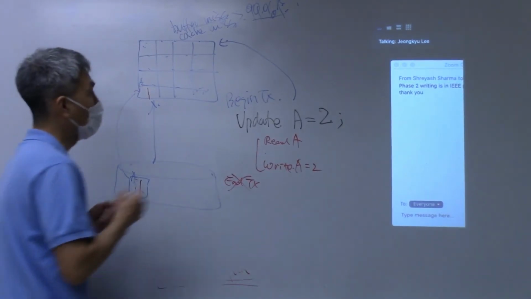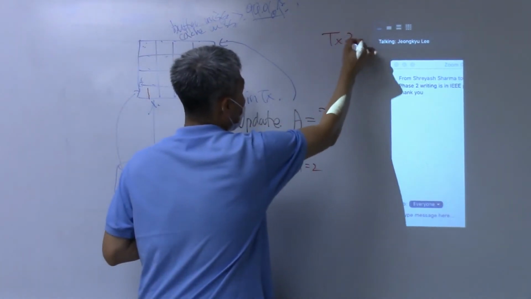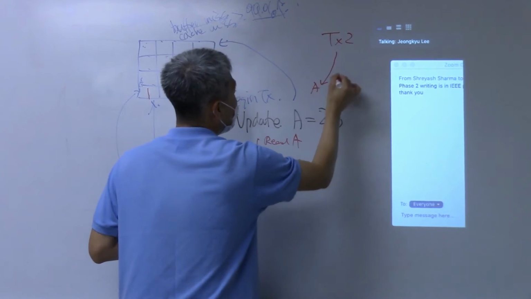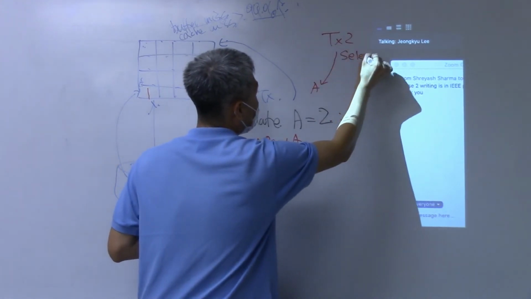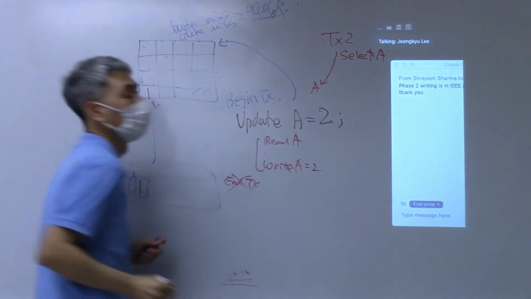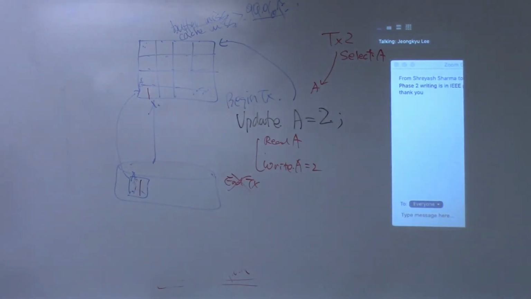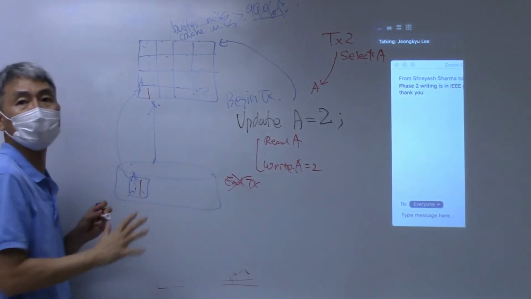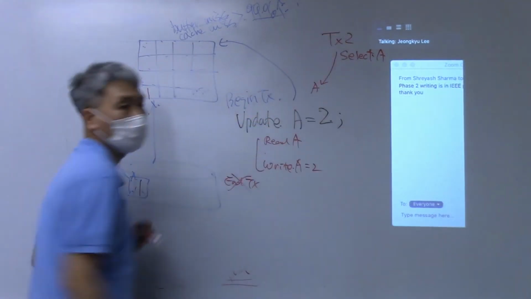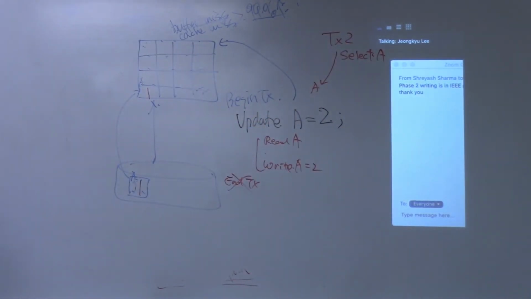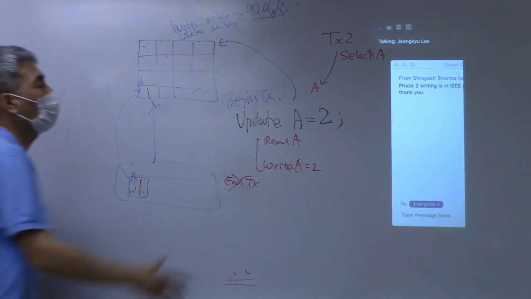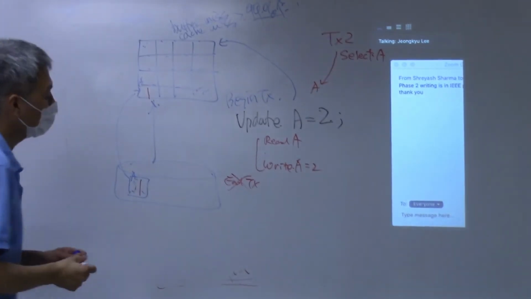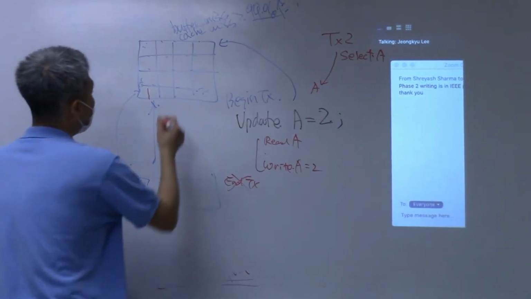Also, what if another transaction would like to read A? For example, select A. If you hold this data, the other transaction cannot read the data. It's not fair. So I want it to just read the data. So we are going to copy.